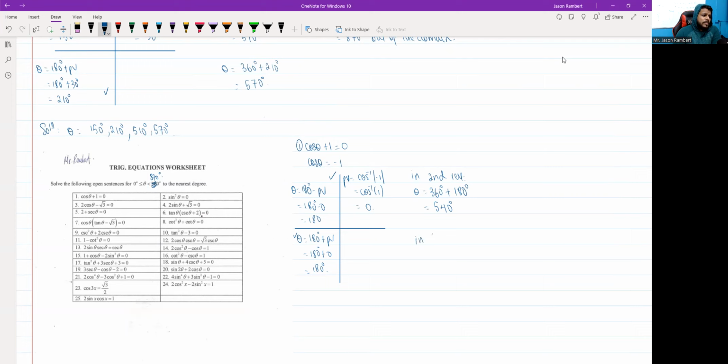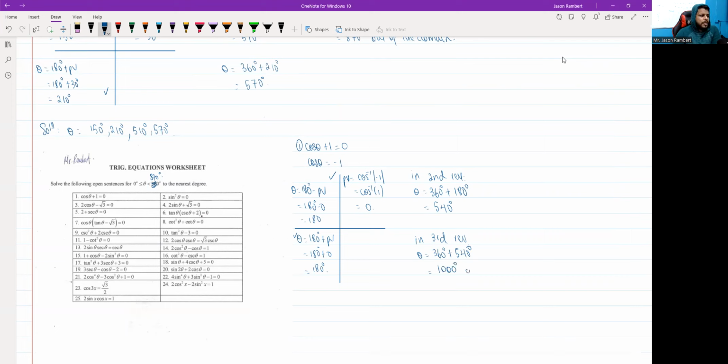So I'll go to the third revolution. In the third revolution, theta will be 360 degrees plus the angle I got in my previous revolution, which is 540 degrees. That gives 900 degrees.